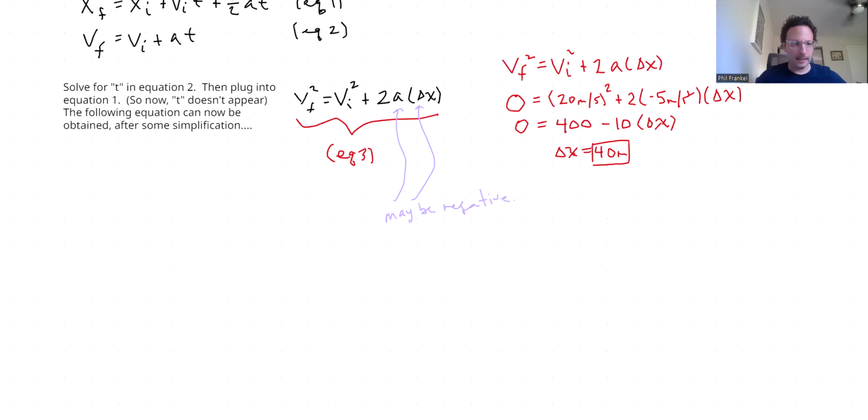Let's see. What if I have an object that is above the ground?